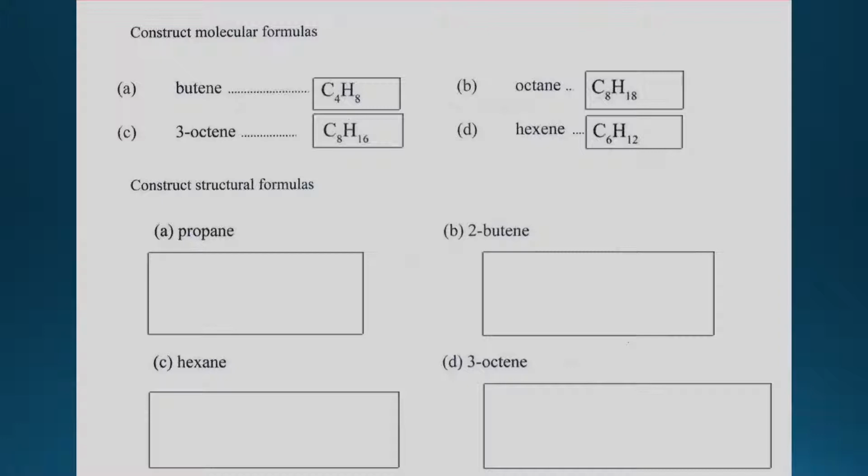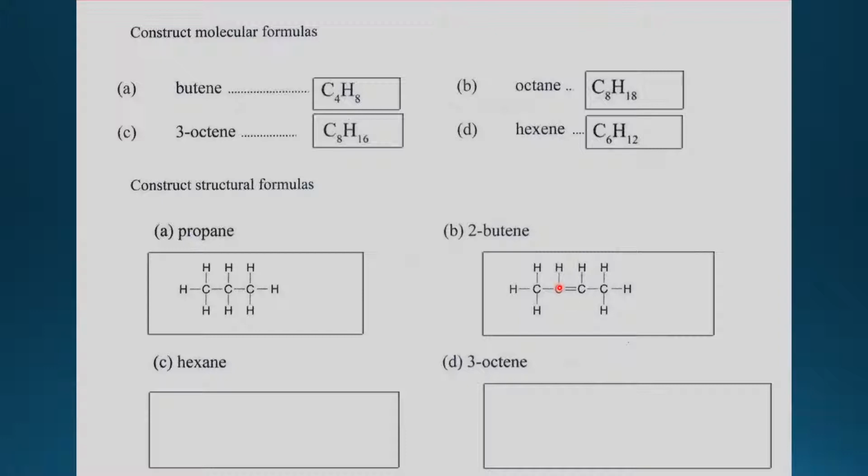The first one, propane, 3C, single bond. Second one, butene, 4C, double bond at position 2. Now you count the C. Does the C have 4 bonds, especially the double bond part? Let's look.